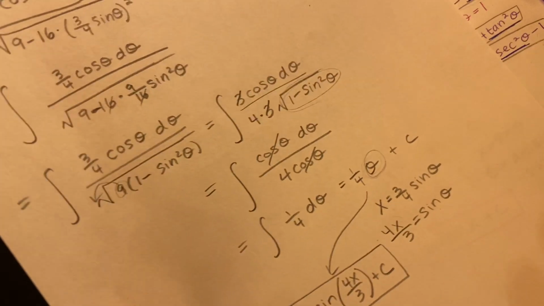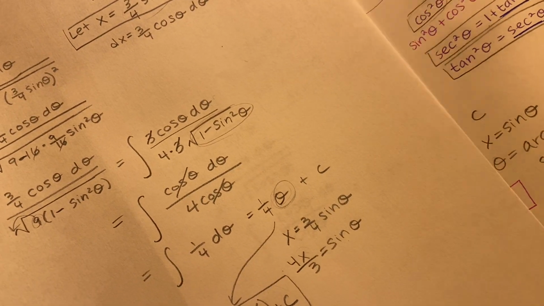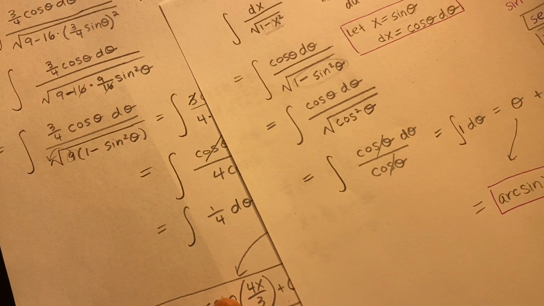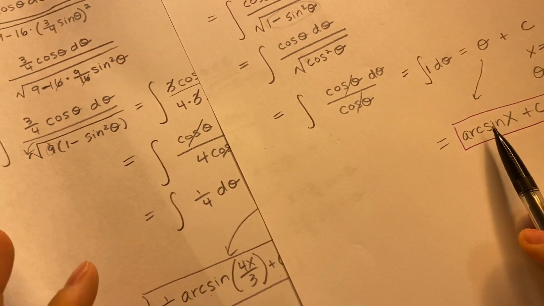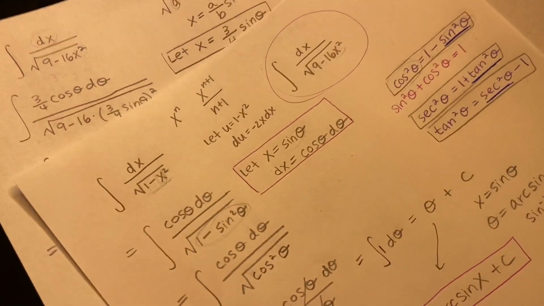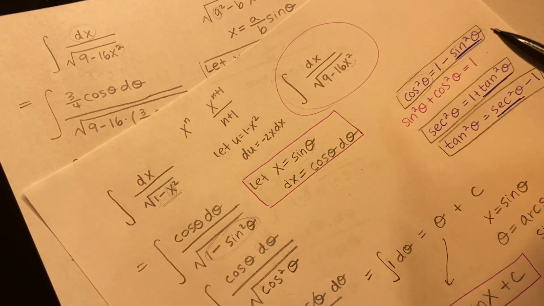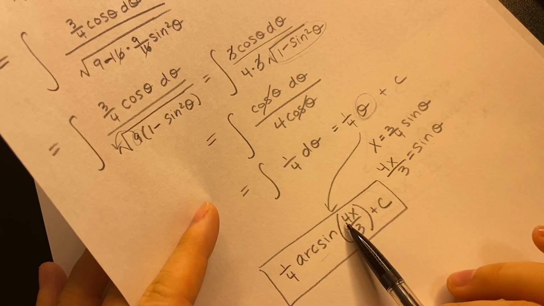So this looks very similar to our first one without the constants. We still have an arc sine, but now with the influence of a and b values, or this number minus stuff squared with these coefficients, our answer is slightly different. Now we have an arc sine, but we have 1/4 and 4x over 3.